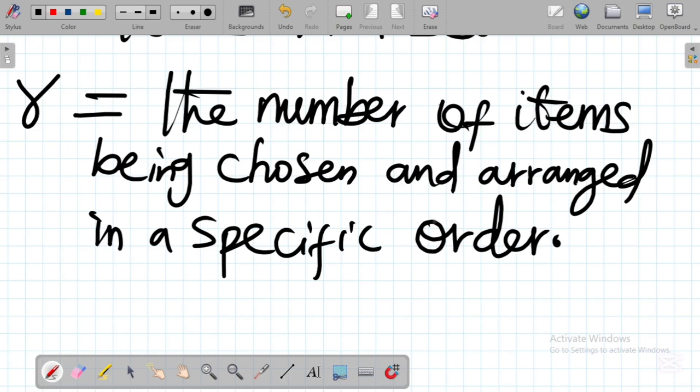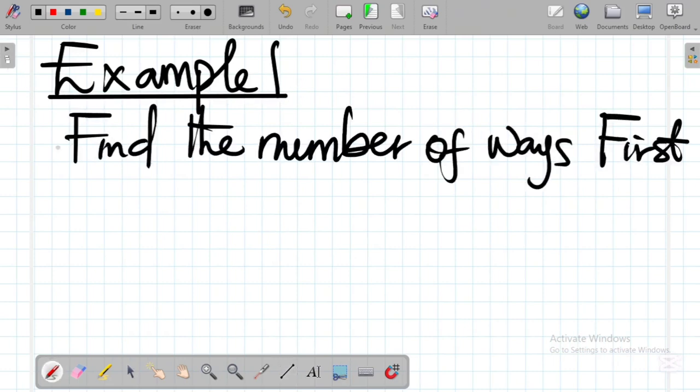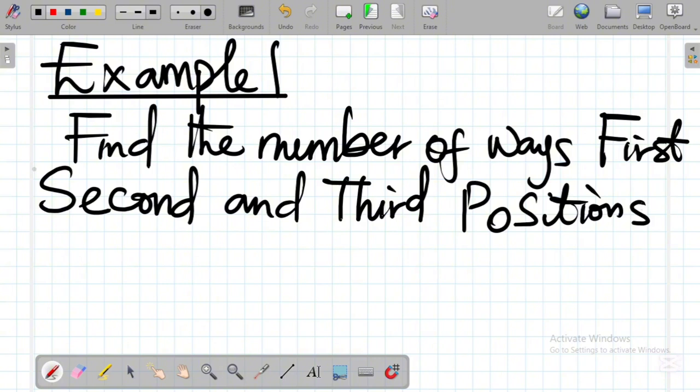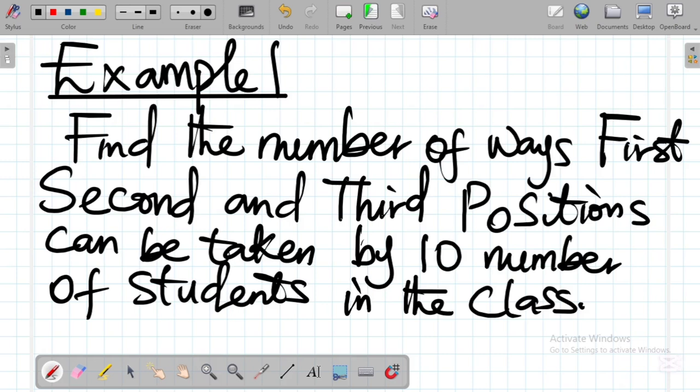Now let's take a practical example. Example 1. Find the number of ways first, second, and third positions can be taken by 10 students in the class.